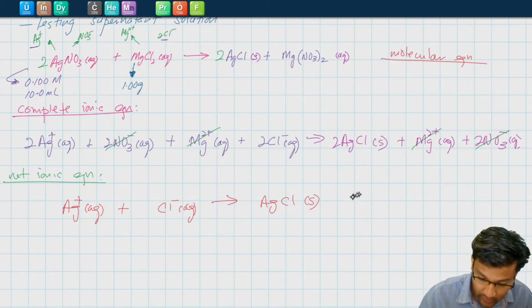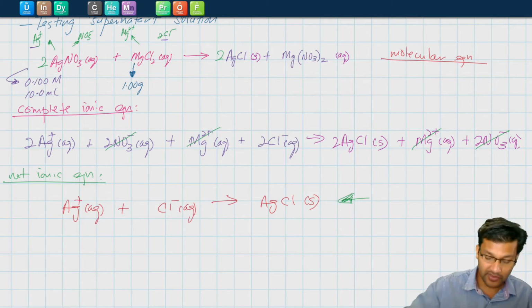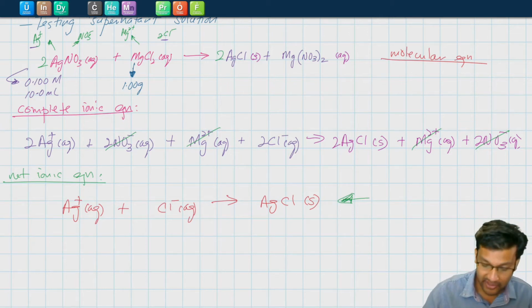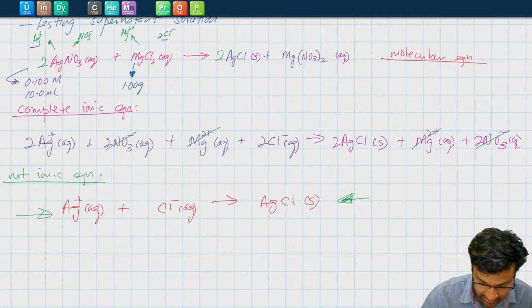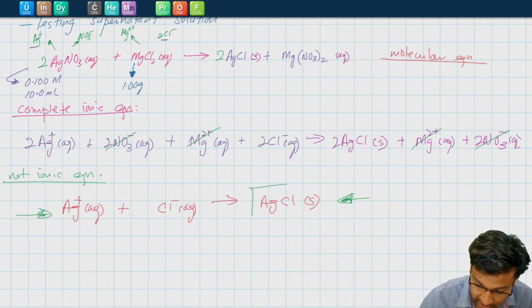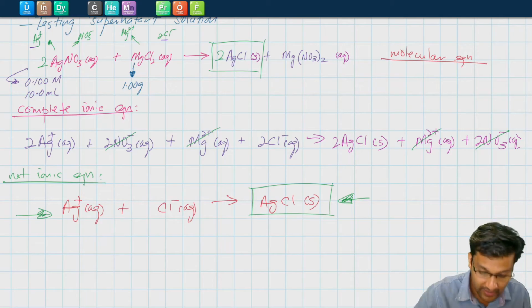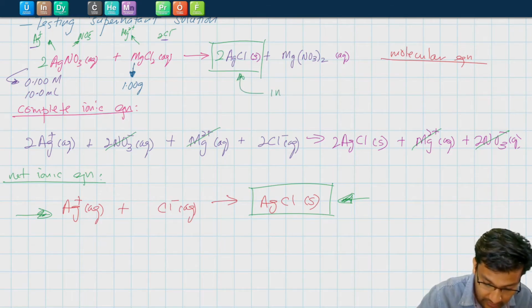The net ionic equation, if you'll remember, involves only the things that are changing in this reaction. Really, they're the only things that are reacting. Everything else are just spectator ions, which means that our interesting product in this reaction is going to be our silver chloride. So let's keep that in mind. This is our interesting product.